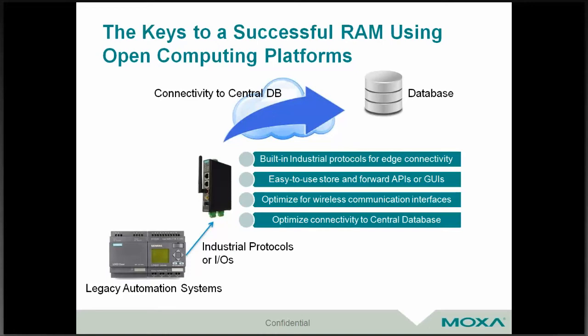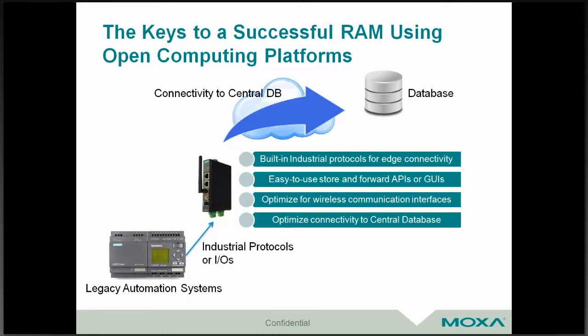So if you have a computer, that does not mean you will be able to implement a successful automation system, because you don't have that ability to get the field bus protocol into the computer platform, where the computer platform can convert the data into a database and then synchronize the data with the backend database.